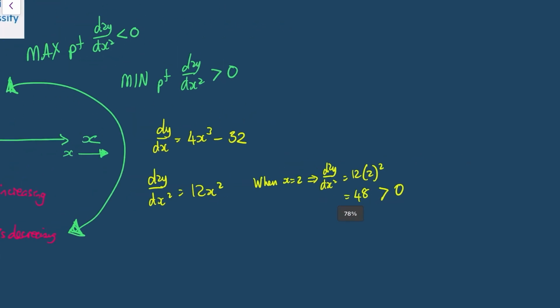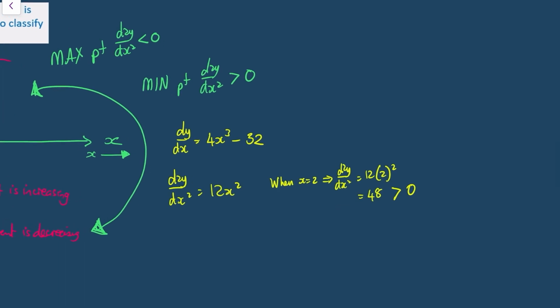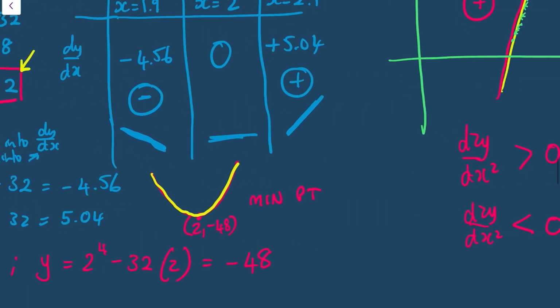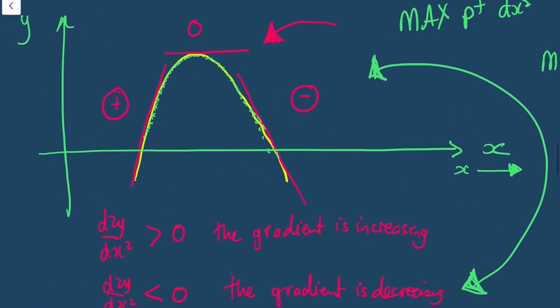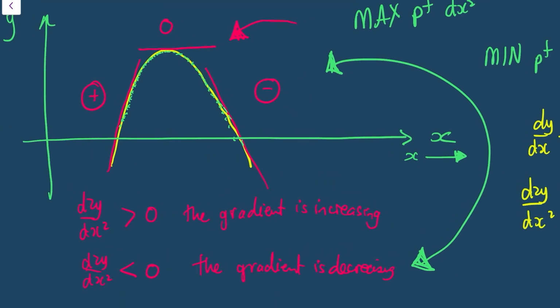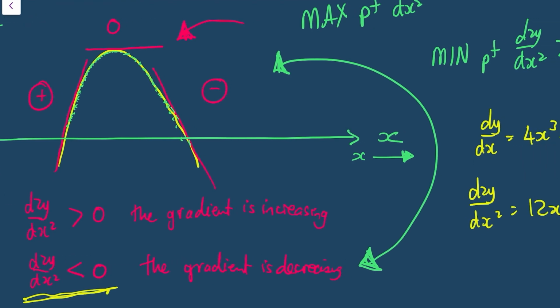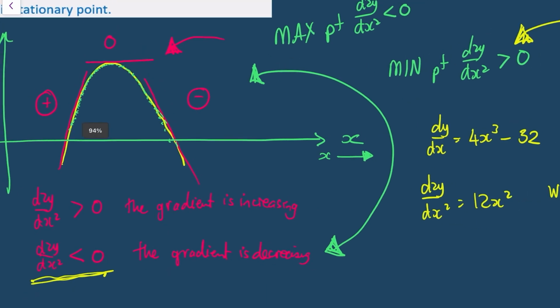And this corresponds with what I said here. If it's positive, it must be a minimum point. Therefore, it's a minimum point. We've proven it. I then showed you this bit of theory, showing that the gradient decreases from positive to 0 to negative, which means if the second derivative is negative, then the gradient is decreasing, which means I have a maximum point.